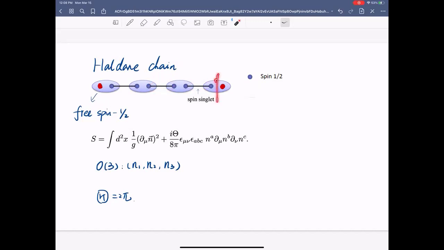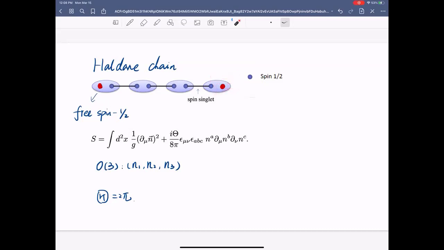However, once we encounter a boundary, the boundary carries a free spin-1/2 degree of freedom, which is not paired with any partner in the bulk. So at the boundary, such a topological paramagnetic chain carries a free spin-1/2 degree of freedom. In the presence of time reversal symmetry, there is a twofold robust degeneracy at the boundary.